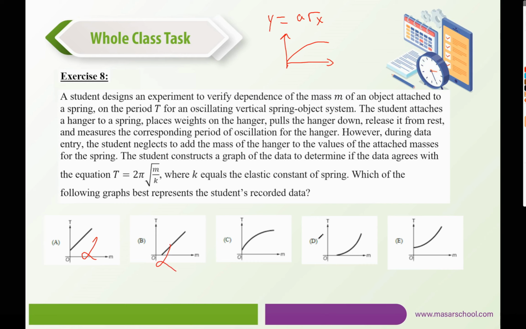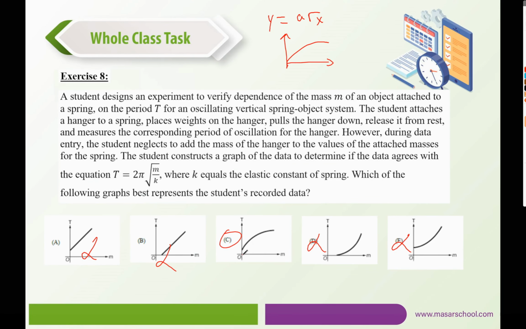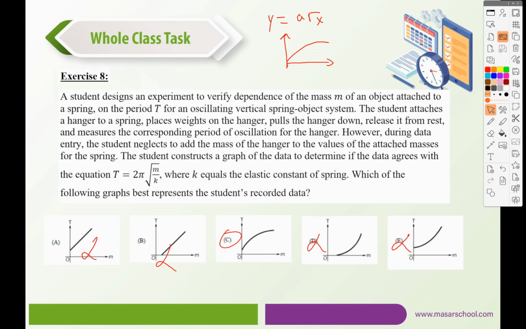Now, this is a parabola opening up, so we can also ignore this, and we're left with C. Because the graph didn't start from the origin, this might be due to an experimental error, or simply because the student neglects to add the mass of the hanger to the values of the attached masses. But basically C is the closest to this curve.